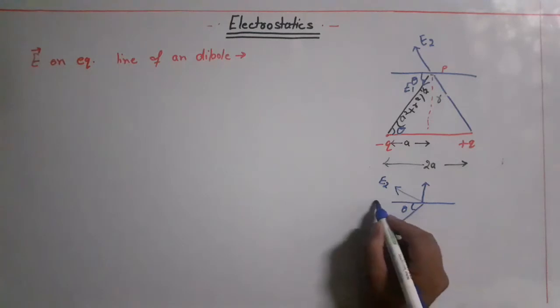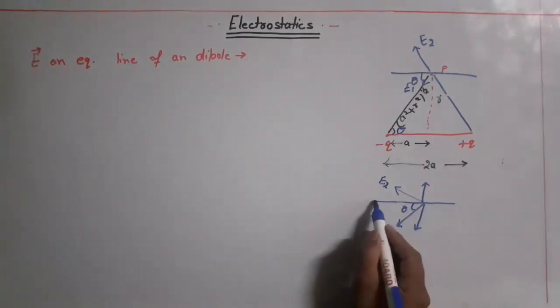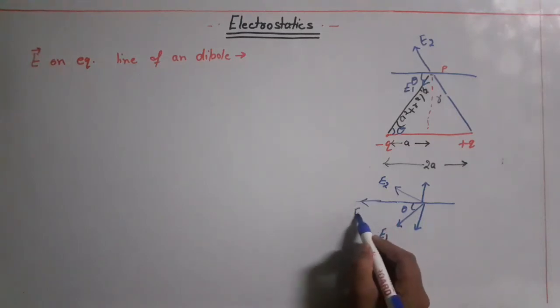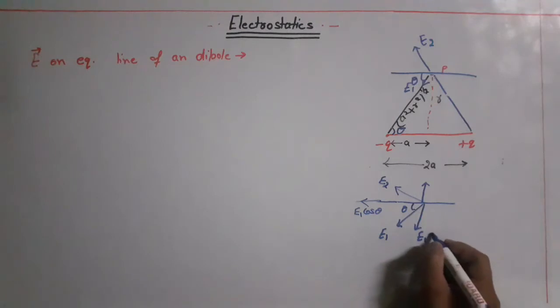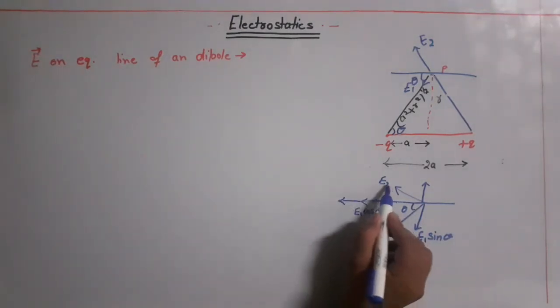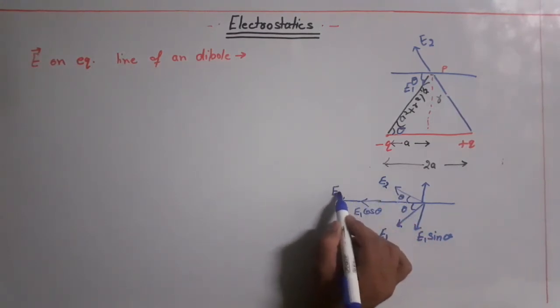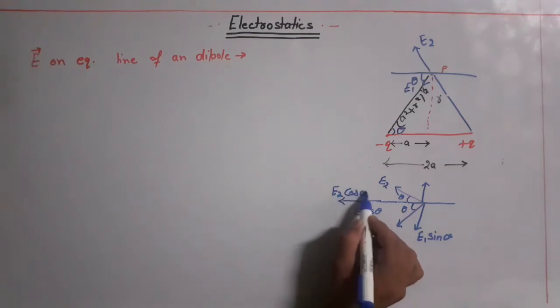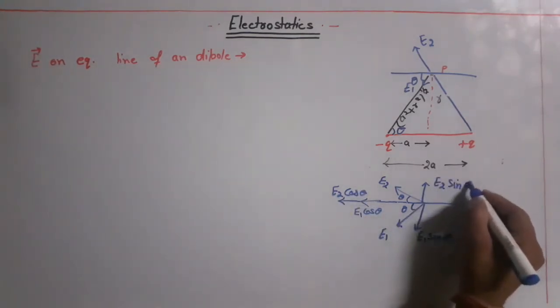If we resolve them, what will we get? If we resolve E1, it will be resolved into two components, E1 cos theta and E1 sin theta. Similarly, if we resolve E2, this component will be E2 cos theta and this component will be E2 sin theta.